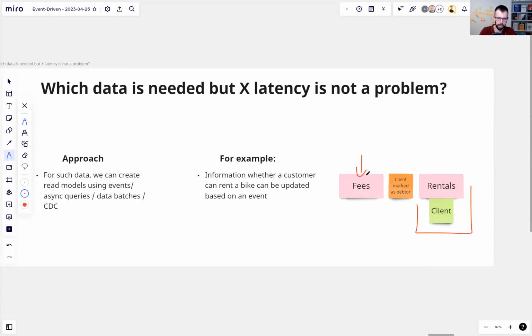The owner of this data is fees, but fees will inform rentals with an event that the client is marked as a debtor, and it can be recreated as a read model in rentals. Because of that, we won't need to contact the fees module to validate whether the client is a debtor or not. We'll have this information inside the rentals module.